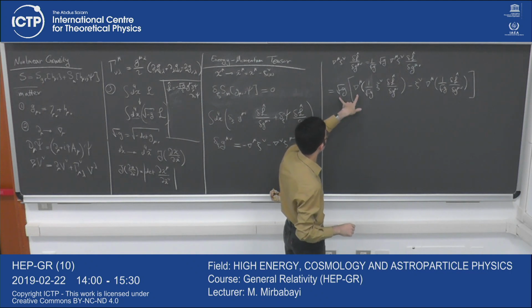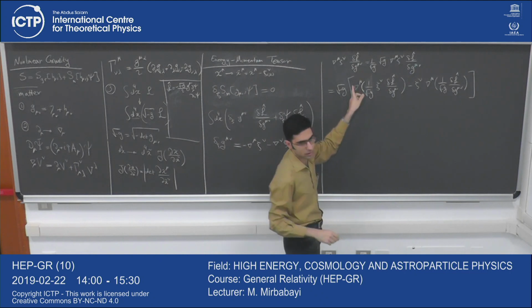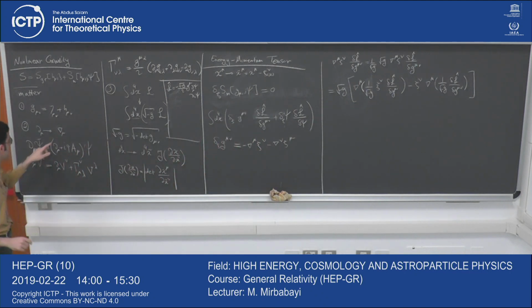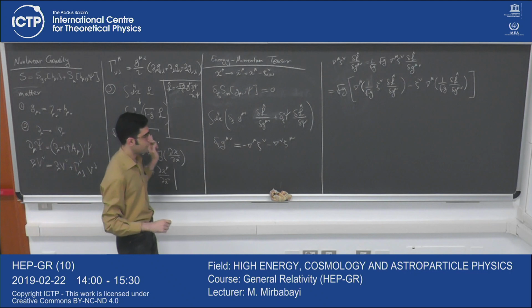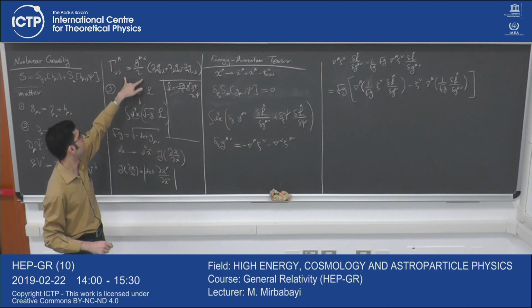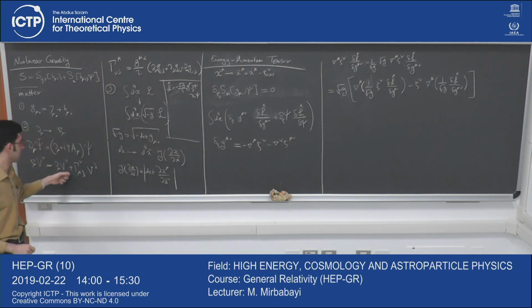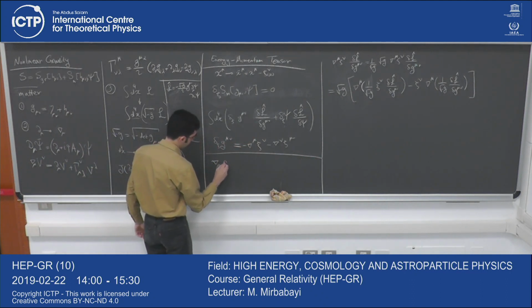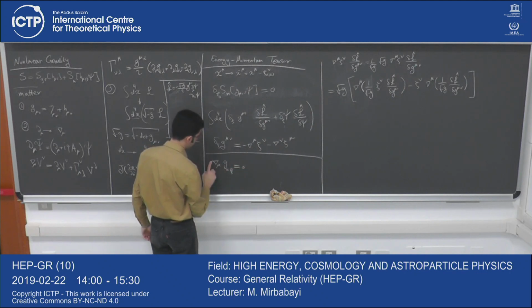And now what can we do? The other thing that we can do is raise and lower the indices using the metric. One very important property of this covariant derivative is that it is called metric compatible, which means that the covariant derivative of the metric is equal to 0. So the way I define this, the covariant derivative guarantees that del mu of g alpha beta is equal to 0.